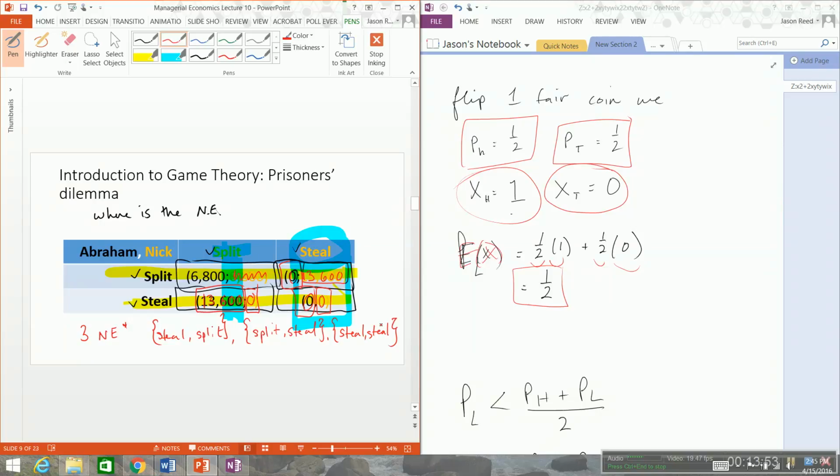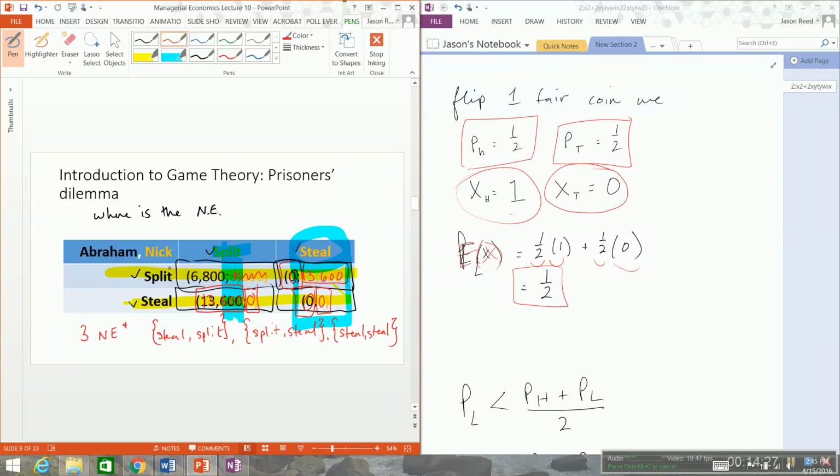So this is really interesting, and you'll see if you watch the video that they actually are able to talk to each other, and Nick and Abraham are pleading with each other to choose one versus the other, and ultimately actually choose to split. This is the ideal outcome for both players, to actually split the pot, but we see that this isn't actually a Nash equilibrium. So it's interesting that they were able to get to this outcome because we would think that they would have a very, very high incentive to deviate.